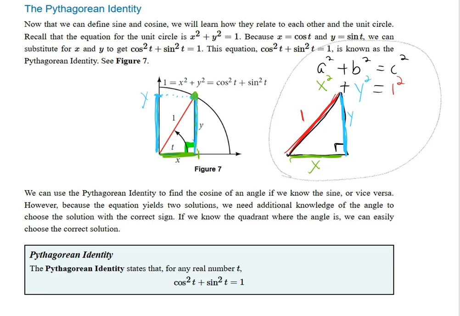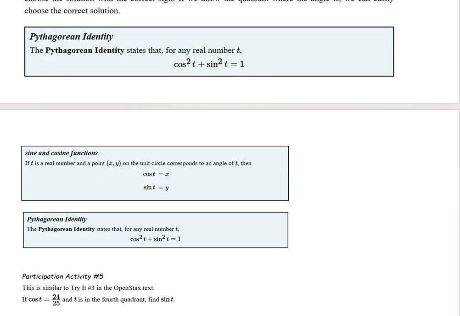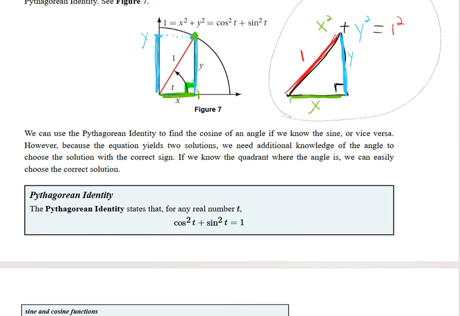And then what they do is they go back to, here it is, that the cosine of your angle is the same thing as the x-coordinate, and the sine of your angle is the same thing as the y-coordinate.